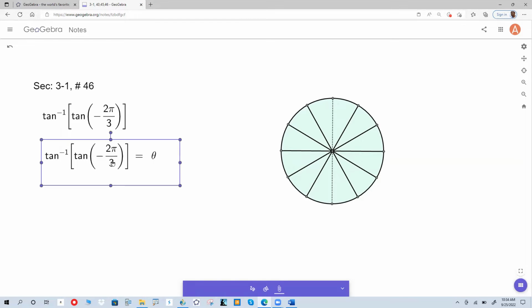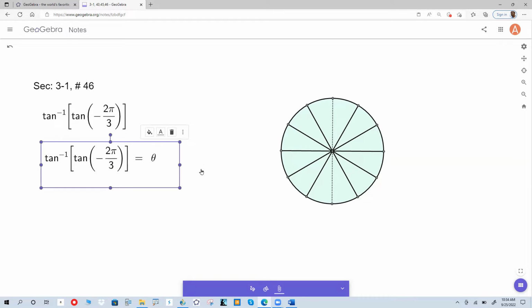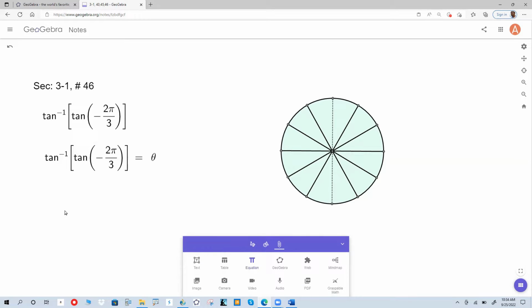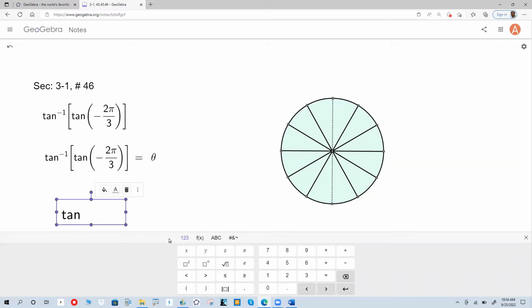Now, by definition, once we say this, we can say tan theta must equal, that's the definition of inverse function, tan of negative 2 pi divided by 3. I can say that that's what inverse function means.